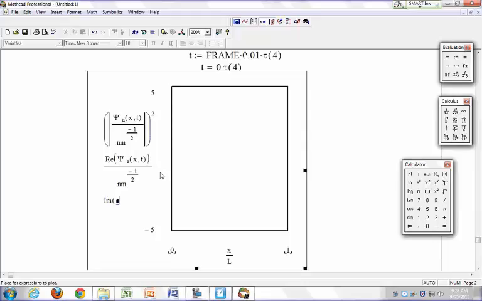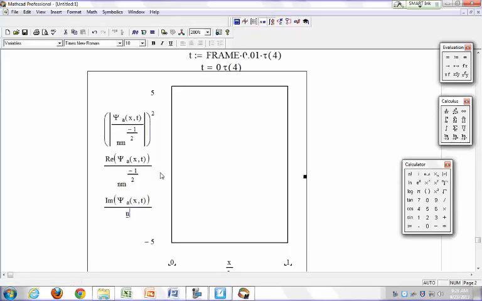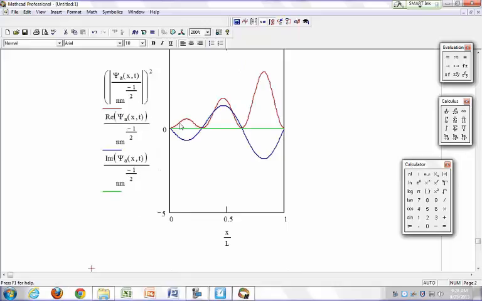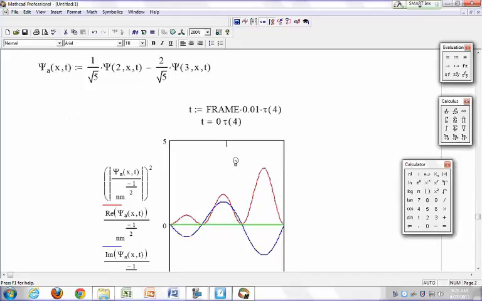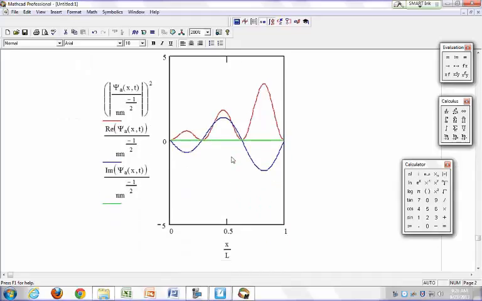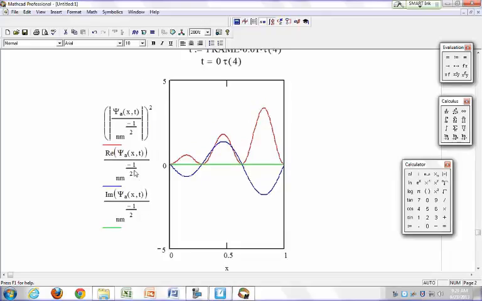And the imaginary part would be capital Y, control G, dot A, x, t, over nanometer raised to the -1/2. And there's your imaginary part. When time is 0, okay, then you don't have any imaginary part. What was the difference between RE and IM? Yes, those are predefined functions in Mathcad. RE is the real part of a complex number, and IM is the imaginary part of a complex number.